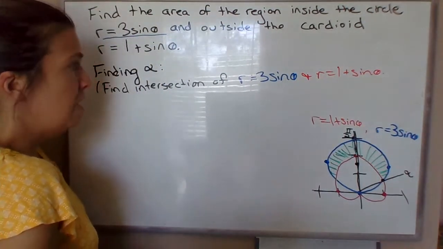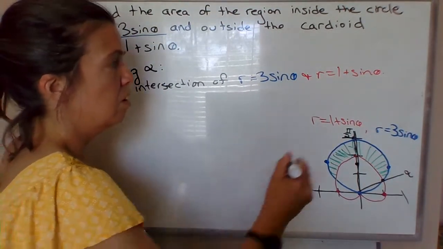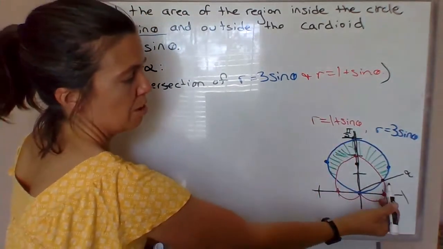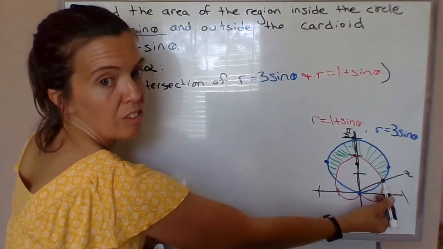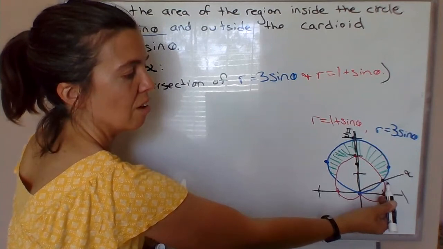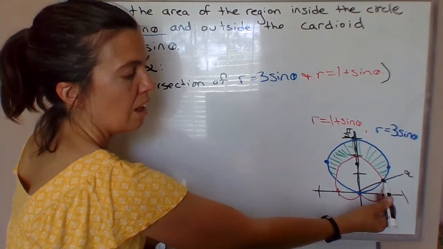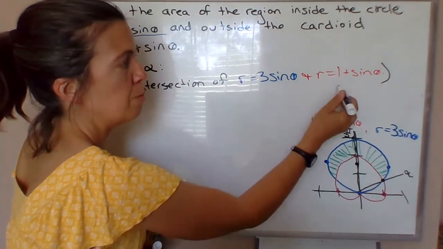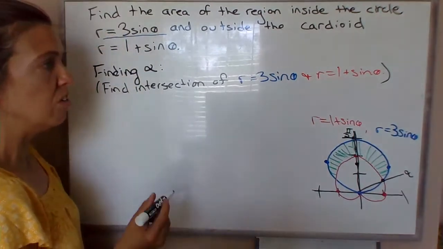In order to find the intersection, we're looking for r, theta pairs that are common to both graphs, right? Because this point of intersection right here is an r, theta pair that lies on both graphs.